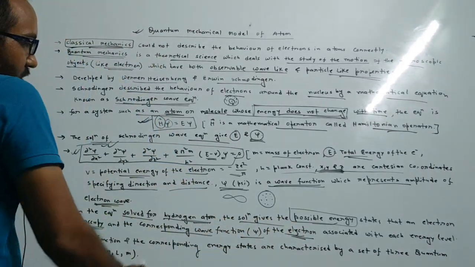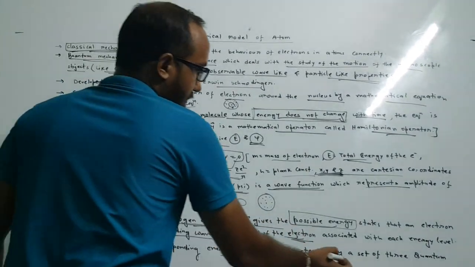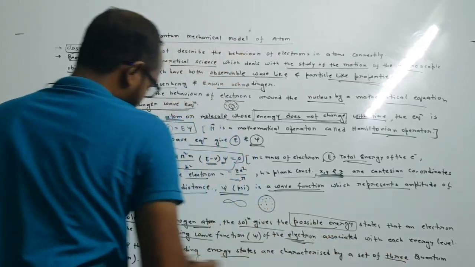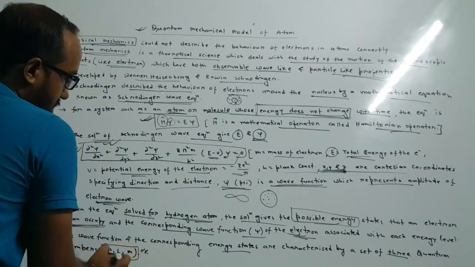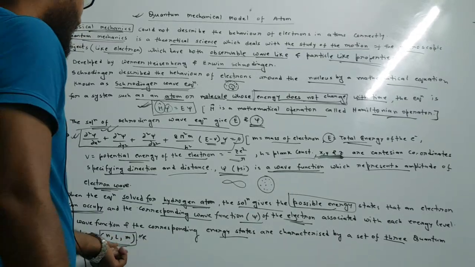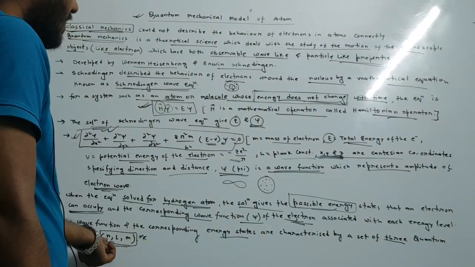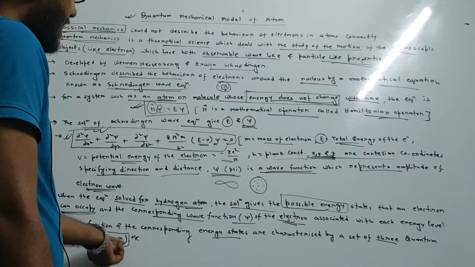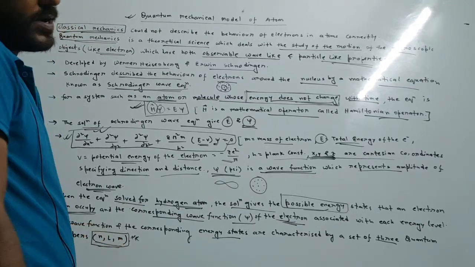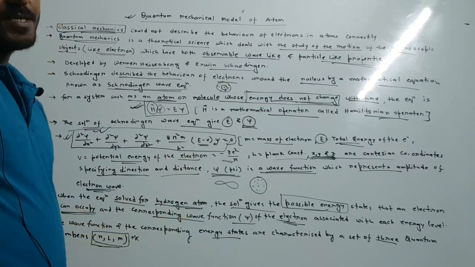The wave function and the corresponding energy states are characterized by 3 quantum numbers. This is in our syllabus and we will continue this in the next slide, where N, L, M: N is the principal quantum number, L is the azimuthal quantum number, and M is your magnetic quantum number. We will see in the next slide.